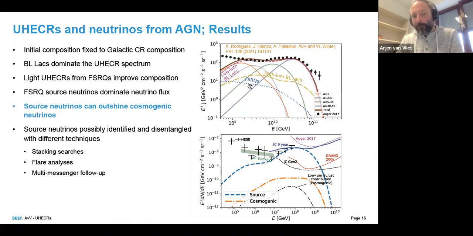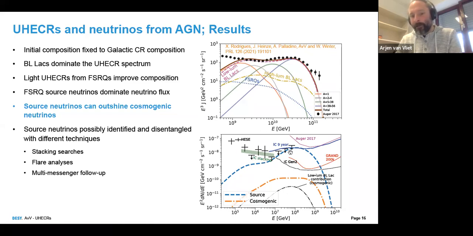What we did here is we pushed these FSRQs up to the highest allowed value that is still okay with cosmic rays and with the current neutrino limits. But it could also definitely be less: all cosmic rays could be produced just by BL Lacs, with much less produced by FSRQs, so you also get much less neutrinos out.